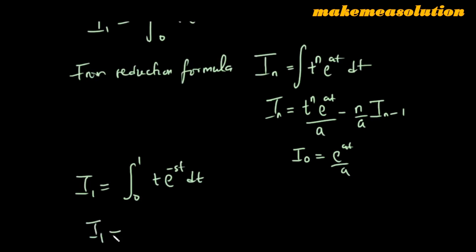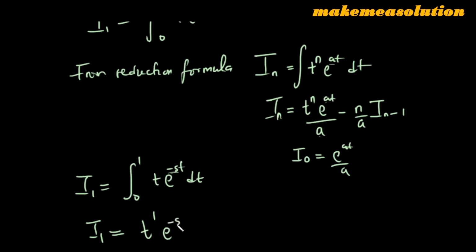So my I1 is going to be, according to this formula, you take n as 1. Anywhere you see n, you put 1 there. So I'll have t raised to the power of 1 exponential a t. Now a is, in this case, minus s. So anywhere we see a here, we replace it with minus s.